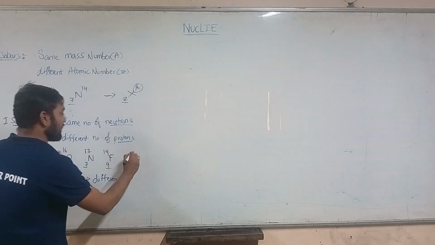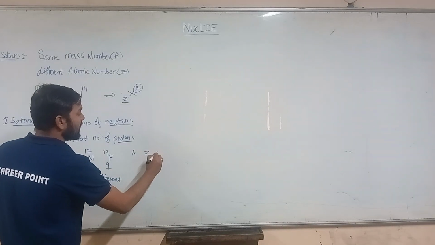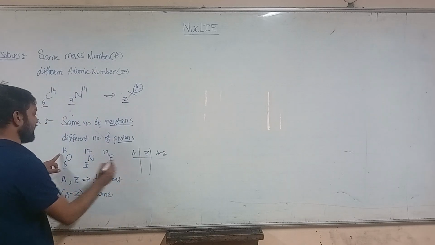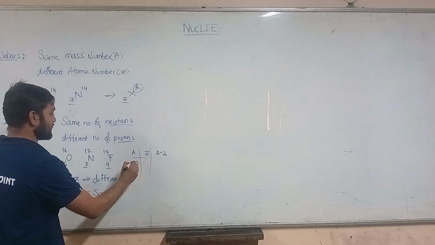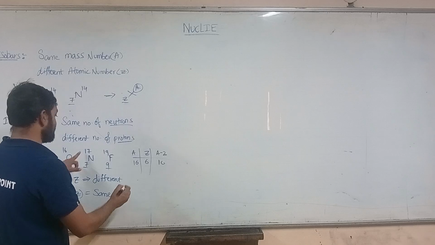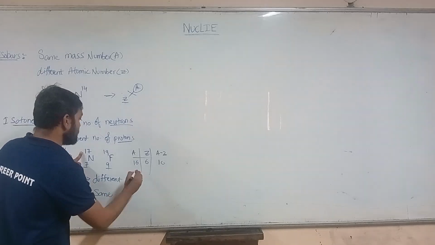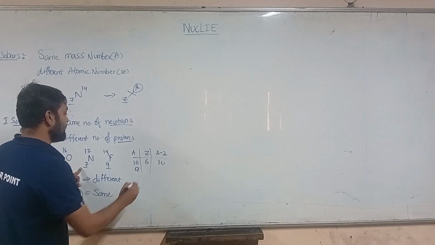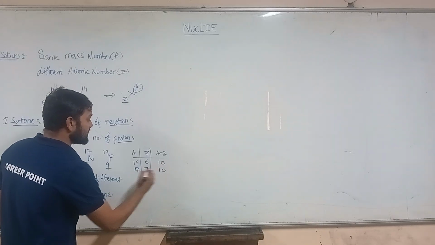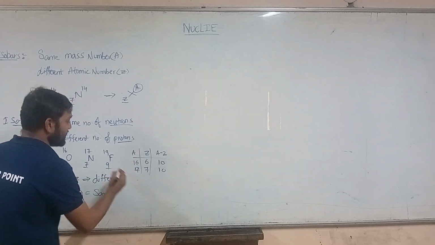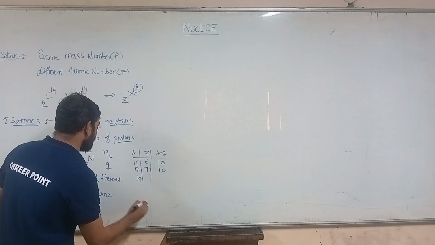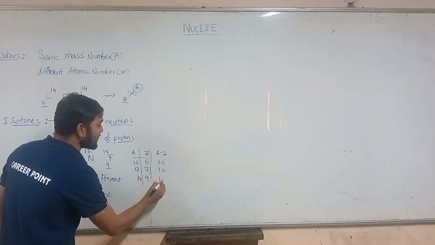Let us see A, Z and A minus Z. For oxygen, A is 16 and Z is 6, and 16 minus 6 is 10. For nitrogen, A is 17 and Z is 7, and 17 minus 7 is 10. And here we have 19 as the mass number and atomic number 9, so 19 minus 9 is 10.